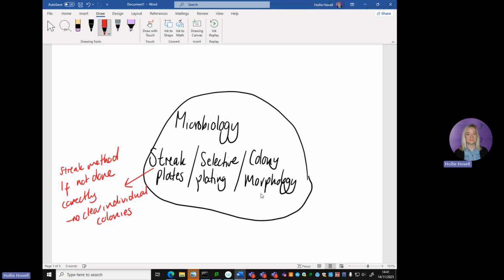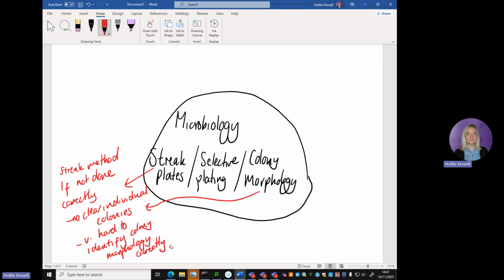So then links to this one, it was then very hard to identify the colony morphology correctly.